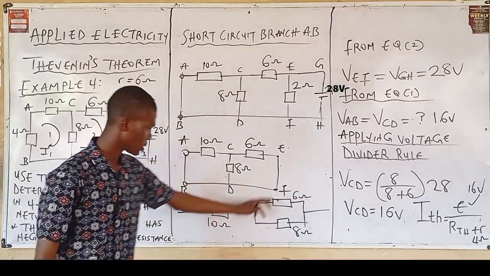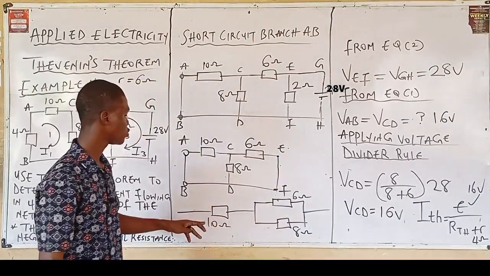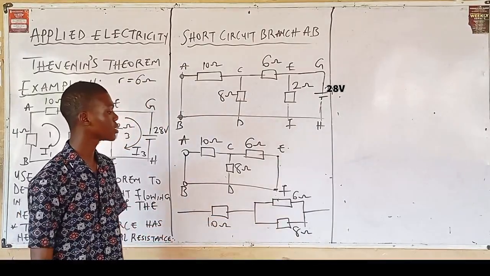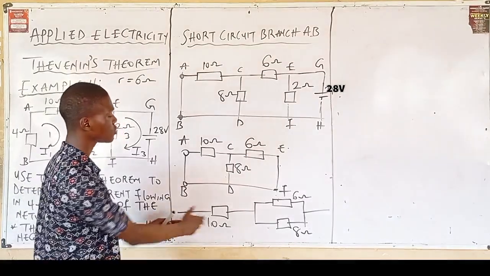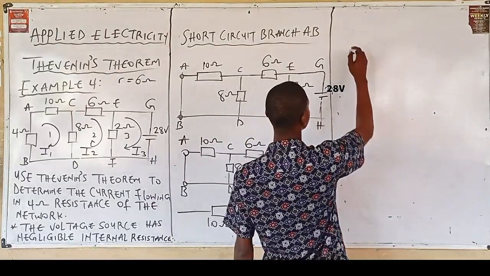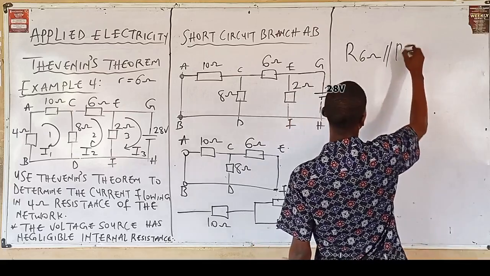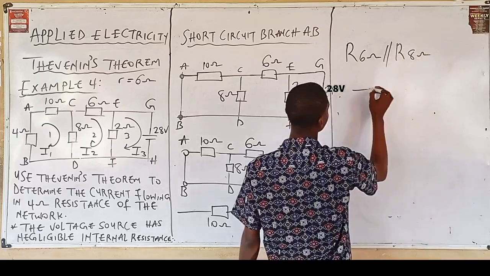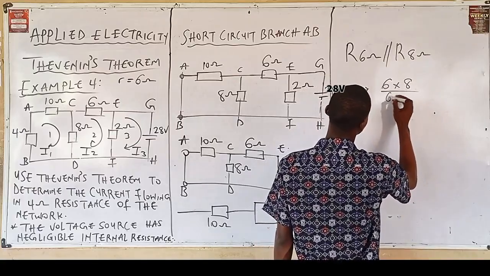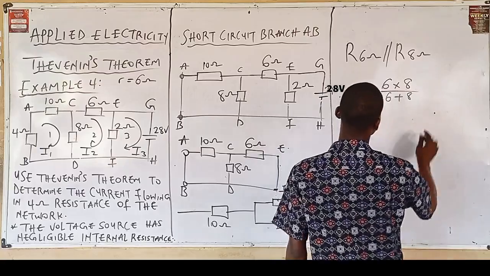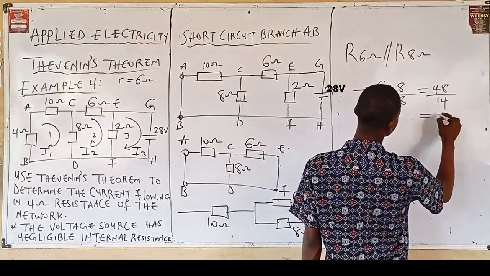So the 6 ohm and 8 ohm resistors are in parallel and in series with the 10 ohm resistor. Solving 6 ohms and 8 ohms in parallel, we have 6 multiplied by 8 divided by 6 plus 8, which is equal to 48 over 14.